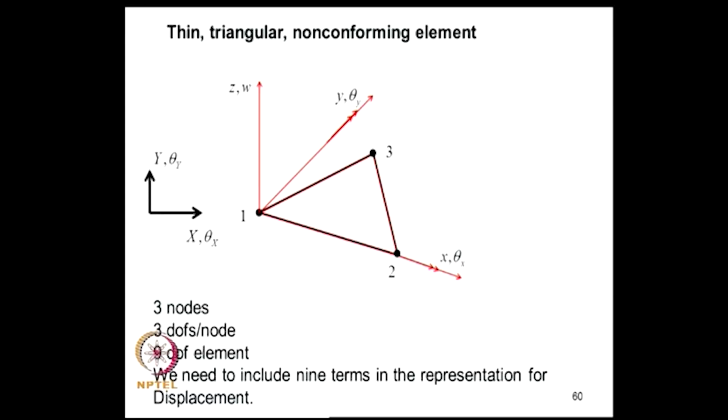Now, in the next lecture we will consider triangular geometries and develop first a non-conforming element. We will consider 3 nodes, at each node there will be 3 degrees of freedom, and this will be a 9 noded element, and we need to include 9 terms in the representation for the displacement.